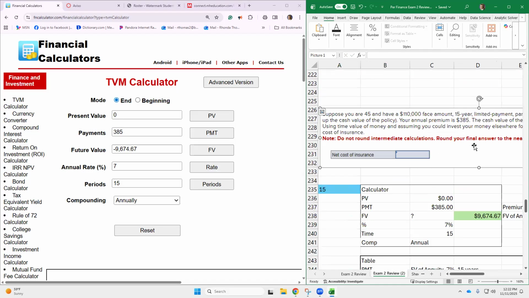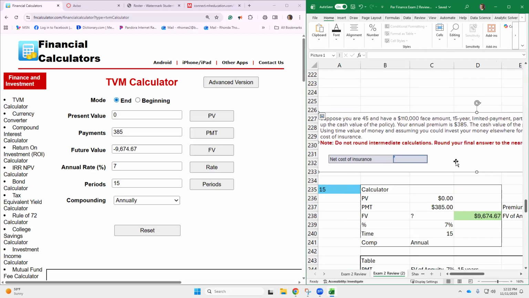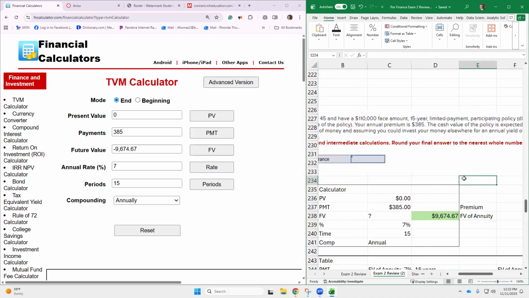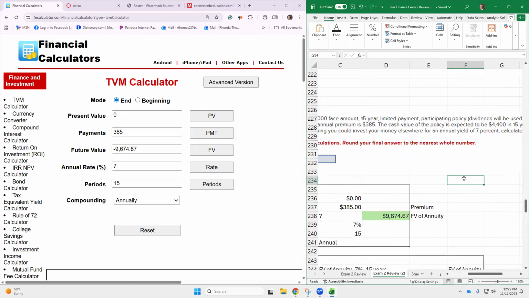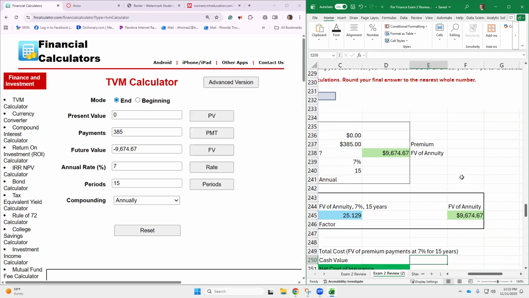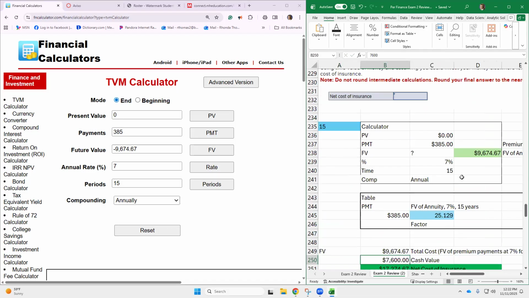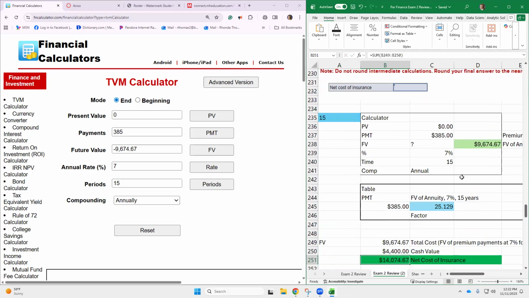The cash value of this policy, you'll have to go look for yours. Mine is $4,400. Let me put that in. We're going to subtract. Hang on a minute, I got to put that in as a negative.